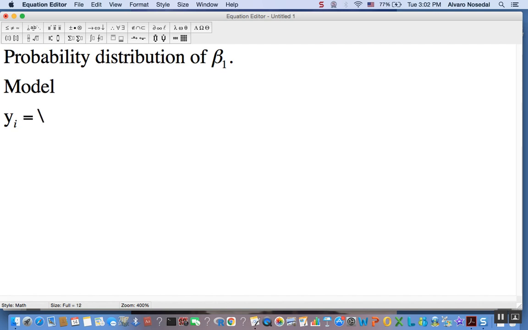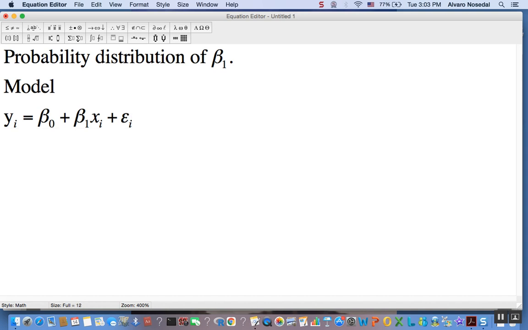Yi equals mean level beta 0 plus beta 1 times xi, so that would be the particular value of the predictor for the ith observation, plus a random fluctuation epsilon. There we are.